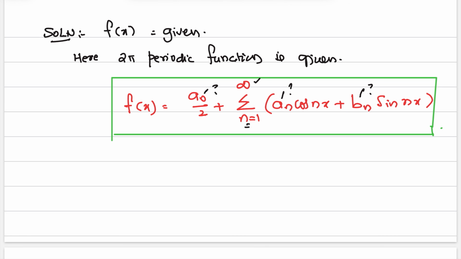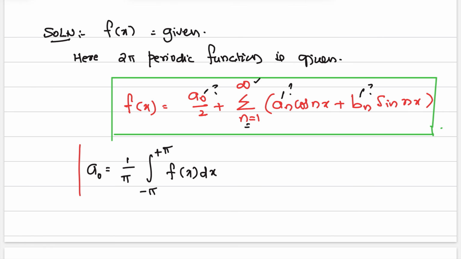A very good concept of Fourier series and very good invention of Fourier series, useful in engineering applications. Now, what is A0 given here? A0 is equal to 1 by pi into integral minus pi to plus pi function x dx.